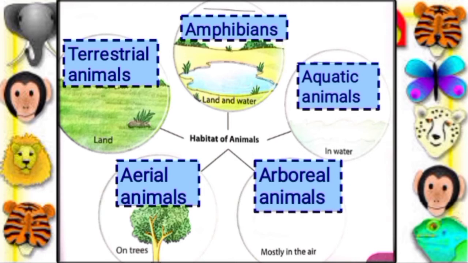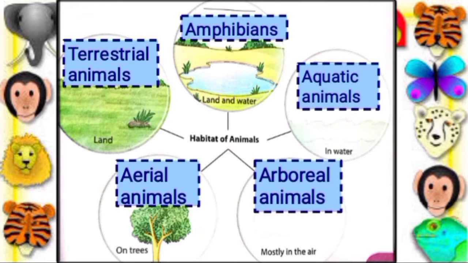So animals live in places where they get the right food. A fish can only live in water. Animals with a thick furry coat live in very cold places. So, the place where an animal can live is called its habitat.